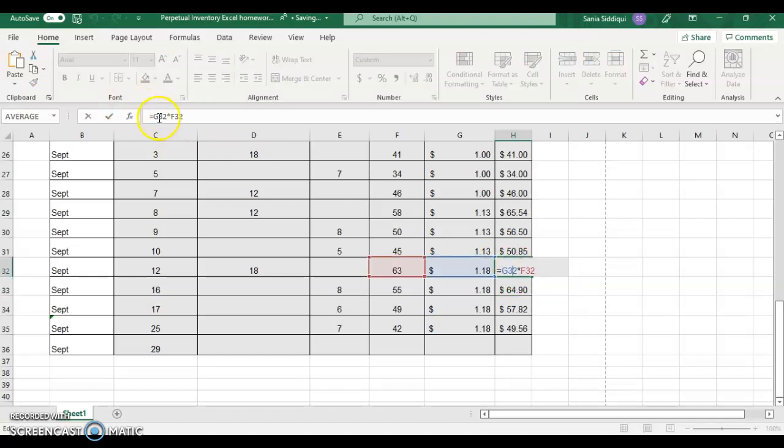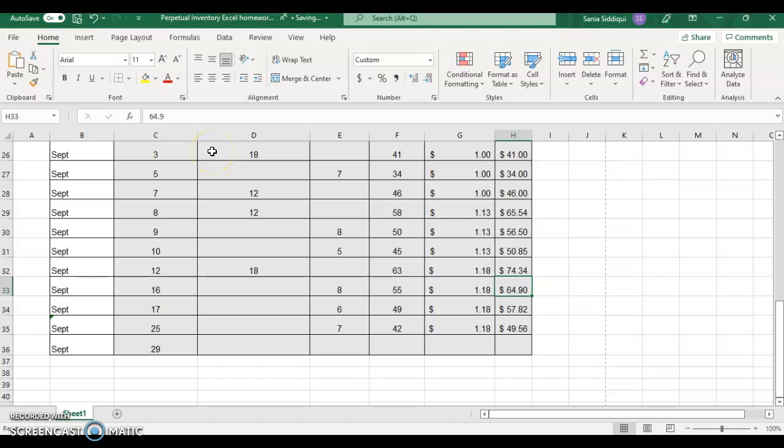And what we'll do now is use the roundup feature once more. So going to the formula bar, type in RO, double click roundup, remove the cell numbers, and put in 63 times $1.18, comma and then 2, because we want to round by 2 digits, close bracket, hit enter, and we'll get 74.34.